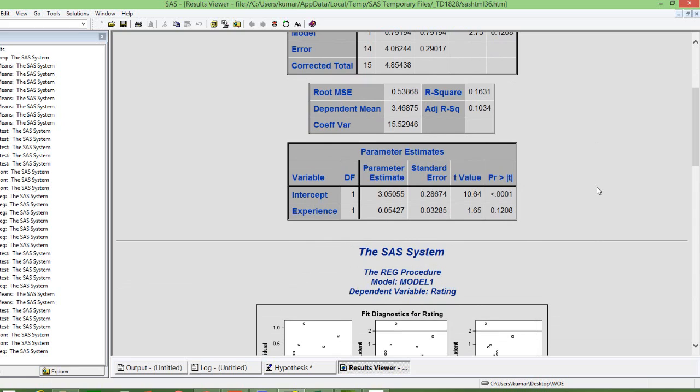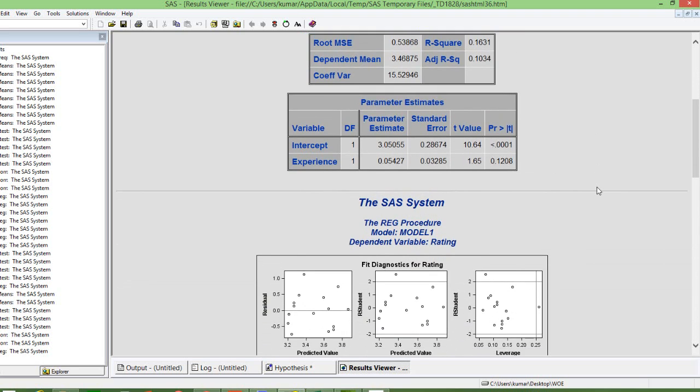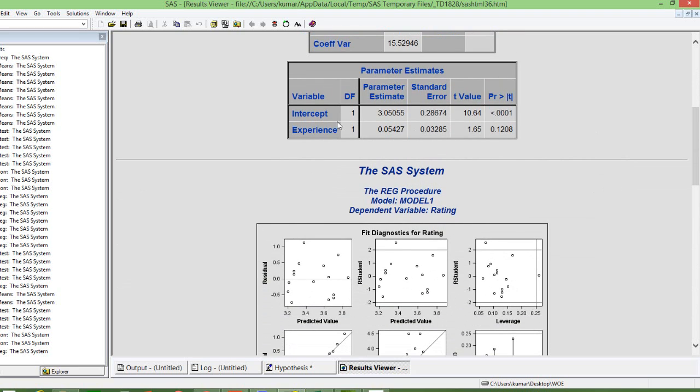If we increase the number of observations, it is going to improve, or probably increasing the number of variables is going to improve the R square value also. The intercept is 3.05, and the slope coefficient is 0.05. The p value for the intercept is less than 0.001.